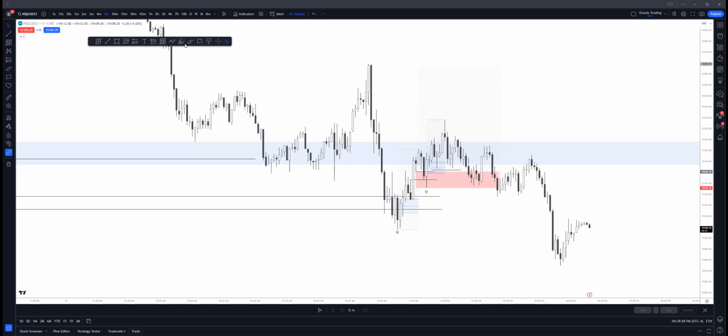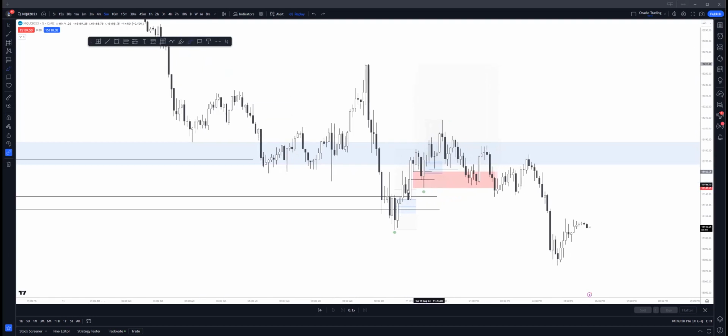But just by following our rules of CO, even though I was completely on the wrong side, admittedly, following the rules allowed me to take a negative 0.5 instead of a full R loss, just because I was following these rules and managing it accordingly and quite aggressively as well.